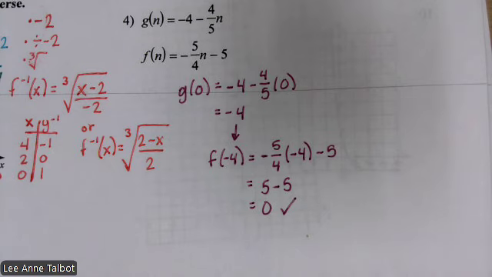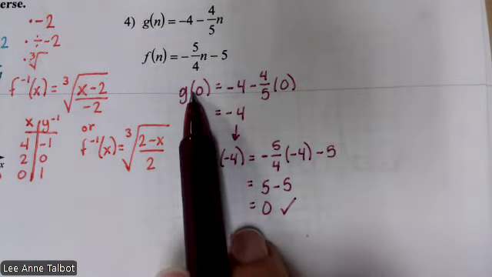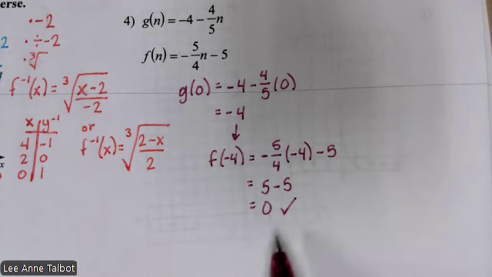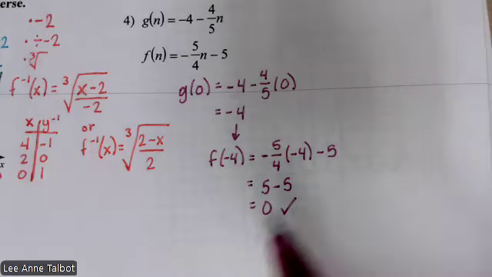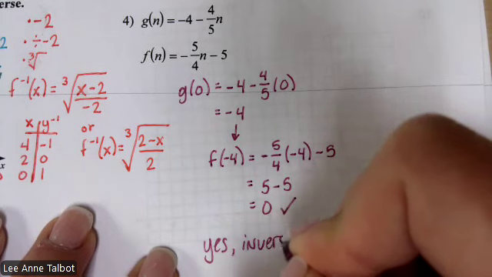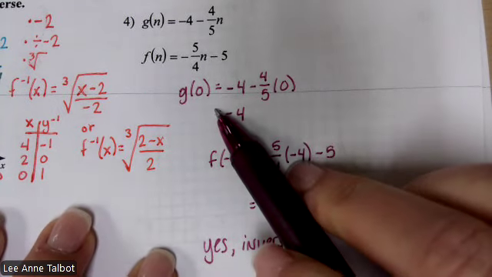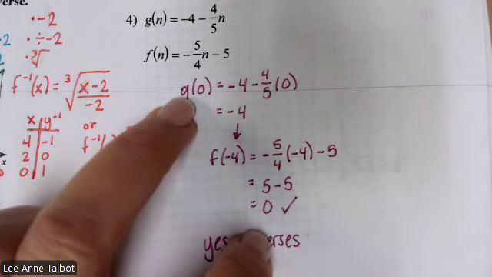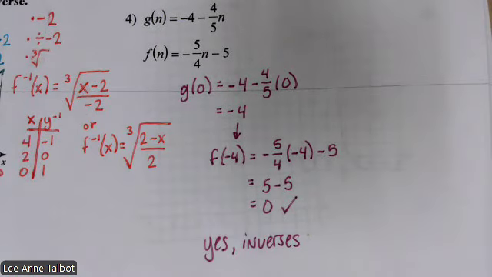So the question is, are they inverses? Okay, because you put in 0 and you got -4, and then you put in -4 and you got 0 back. So it went full circle basically. If you put in a 1 at the very beginning, you should expect to get a 1 back out at the end. And if that's the case, then you have inverses. Unless there's just some really weird coincidence in there, but I wouldn't do that to you.